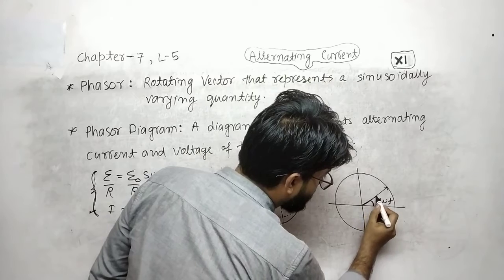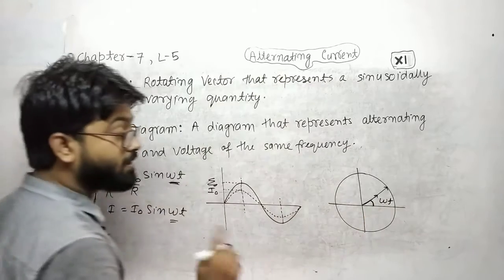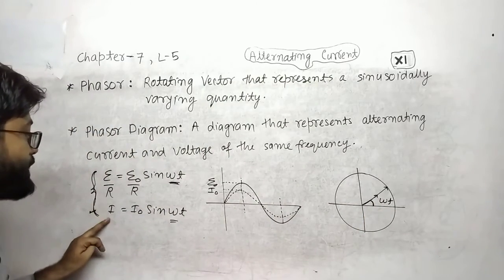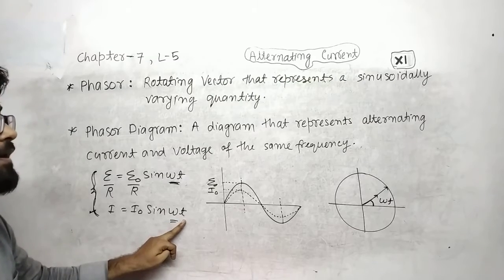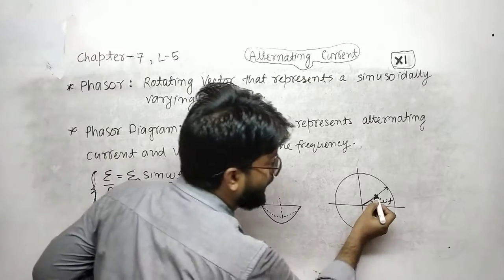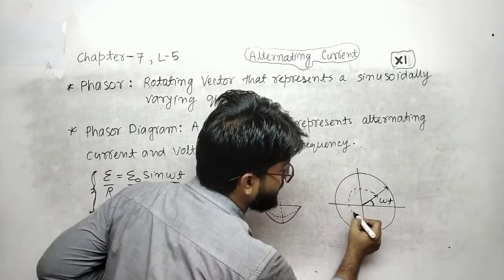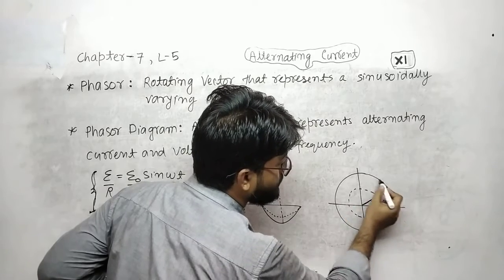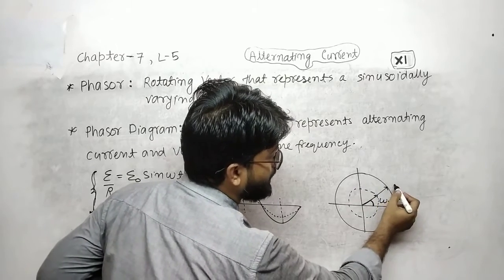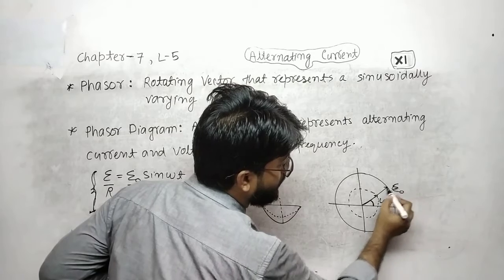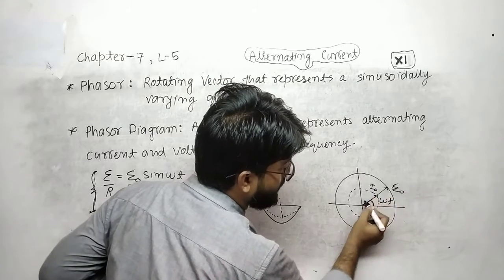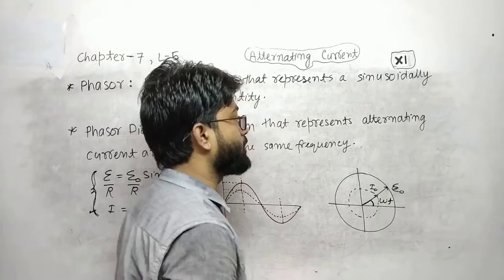The angle for both E and I will be the same because it is omega t, and both will rotate like that. This vector is for I naught and this vector is for E naught.